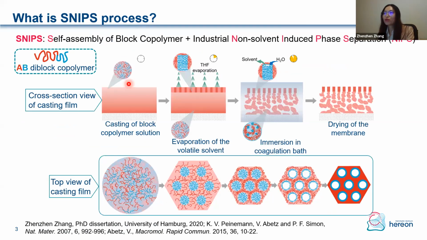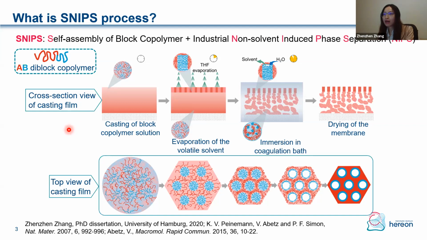One way to produce the isoporous membrane is a combination of self-assembly of block polymer and the industrial NIPS process. Normally, we call it the SNIPS process. So what exactly happens during the SNIPS process to produce such a beautiful isoporous membrane? Like this cartoon shows, for example, an AB diblock copolymer.